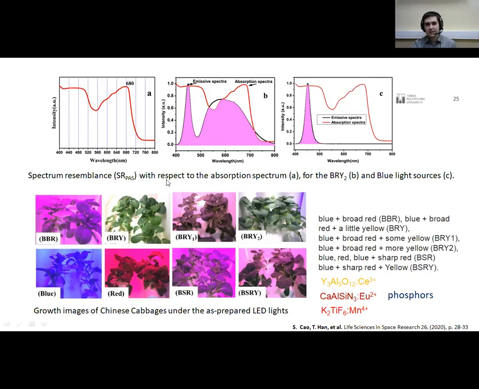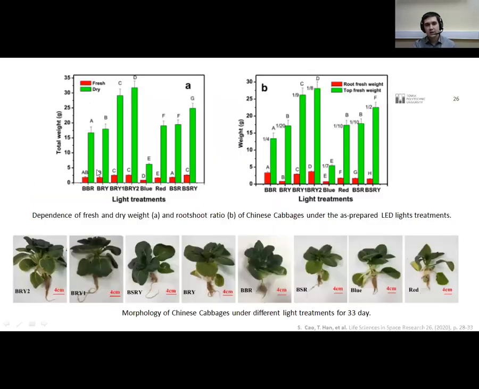So here are some spectra of the as-prepared LEDs made by combining a blue chip and complex phosphor. So what did they receive using this approach? Resemblance of the LEDs. As you can see, the different LED treatments have the same trend.